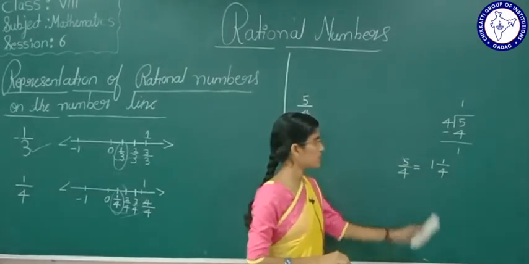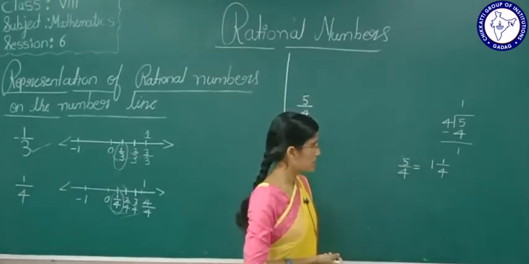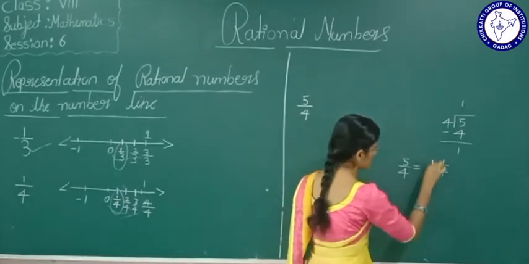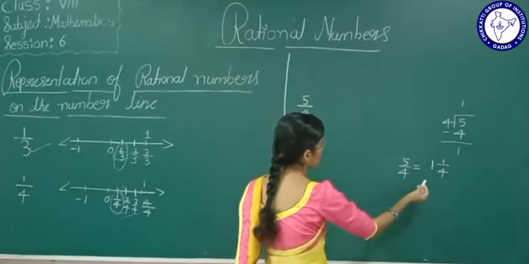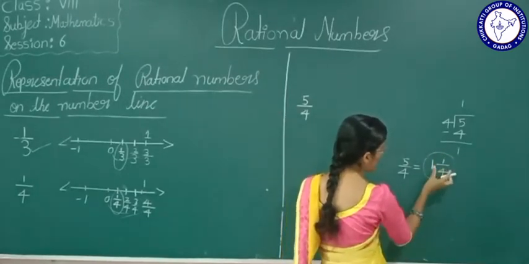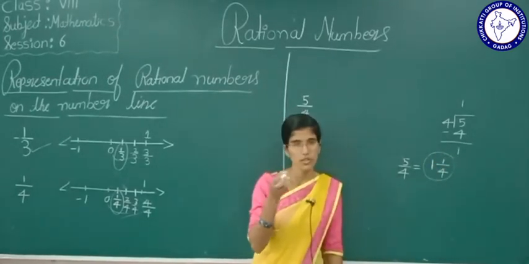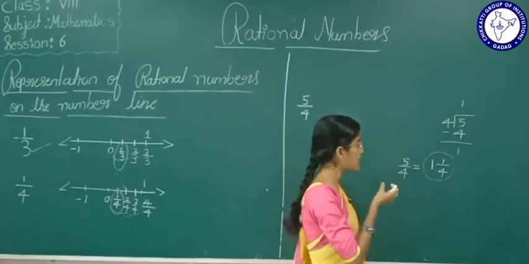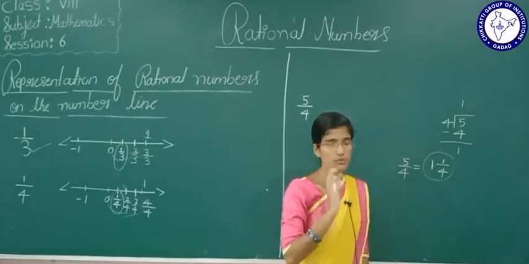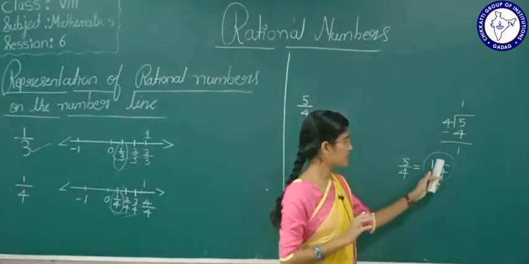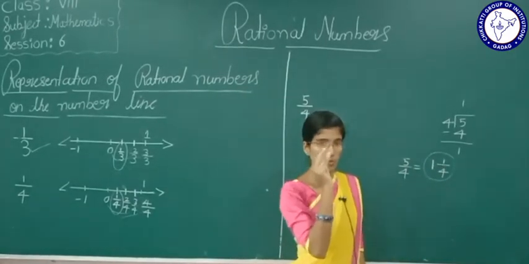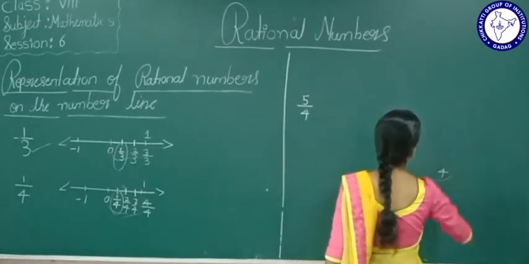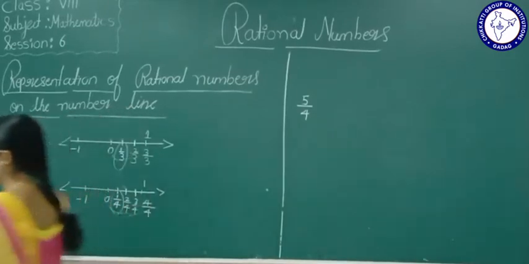It is 1 integer 1 by 4. Now see here, it gives an idea that it will lie between 1 and 2. Sorry, I said 4. 1 integer 1 by 4 means it will lie between 1 and 2. We will represent this on a number line.